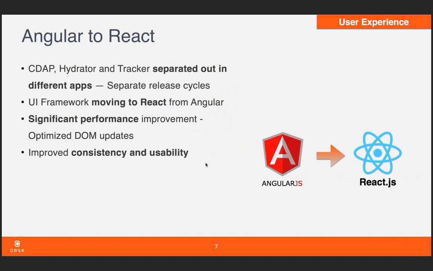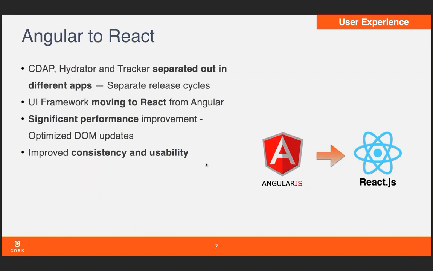Now, all of the individual applications that are part of the UI framework, CDAP, Hydrator, and Tracker, have been separated out. This is to have separate release cycles for each one of these, so that moving forward, post CDAP 4, we'll be able to release them independently, and they don't need to be tied to an individual CDAP release.